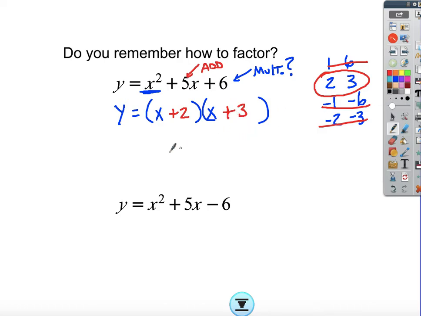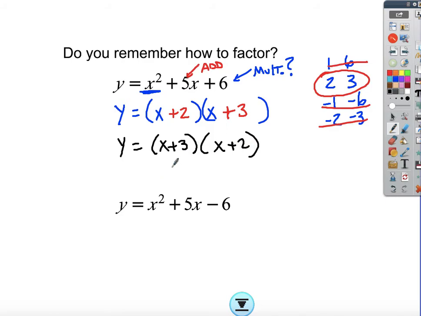And it would be totally acceptable for me to have this entire quantity listed first. So I could have x plus 3 first, and I could have this quantity of x plus 2 written second. Those are equivalent, okay? So it's whatever multiplies to the last number and adds to the middle number.